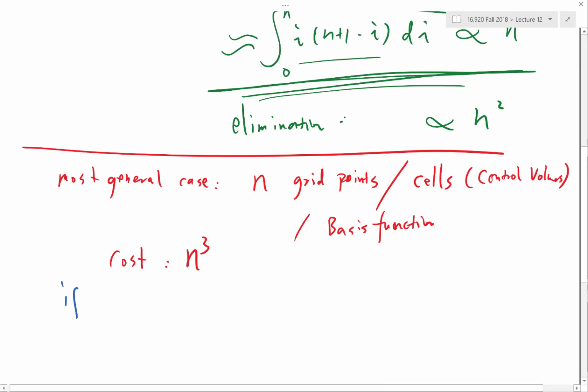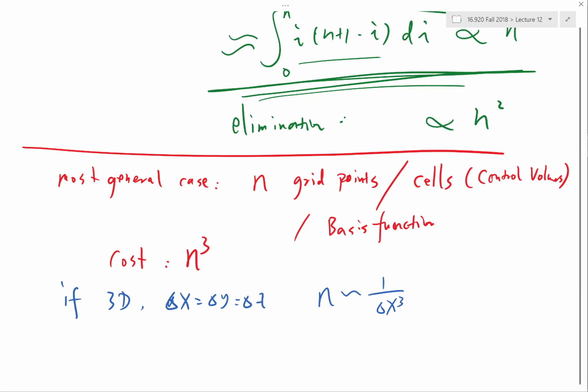If in 3D delta x is equal to delta y equal to delta z, no matter if it's the size of a grid point or control volume or element, if you're doing finite element, my n is going to be (1 over delta x) cubed, right? Because there has to be that many cells to fill the three-dimensional space. My cost is going to be 1 over delta x to the 9th.